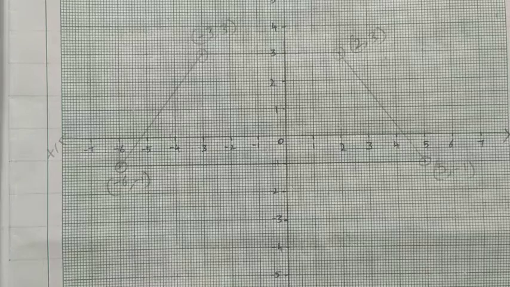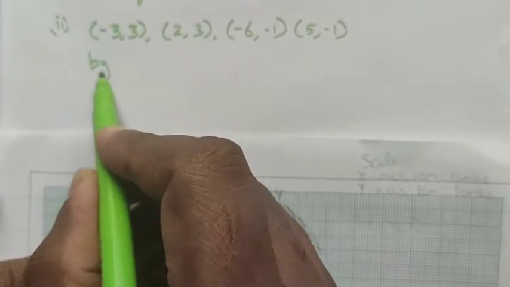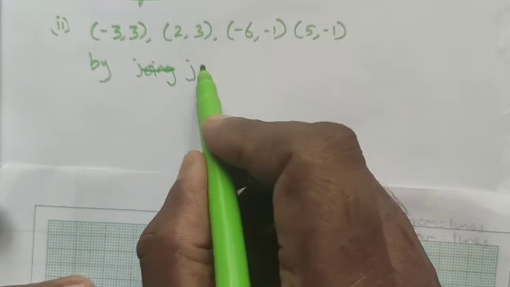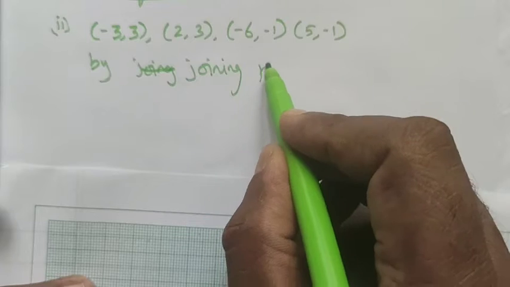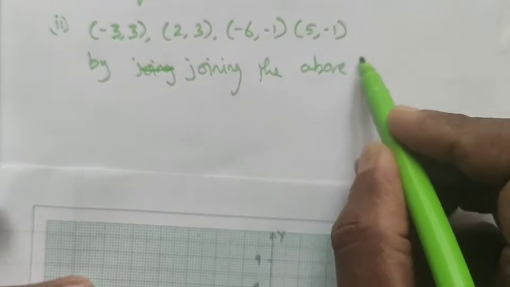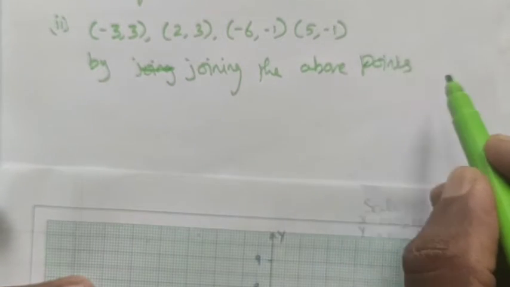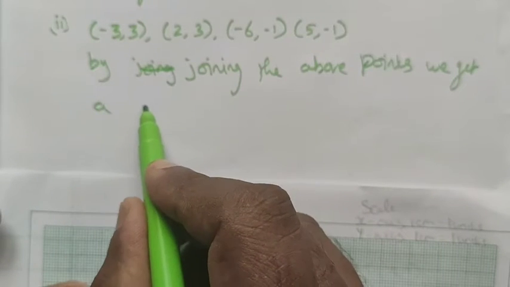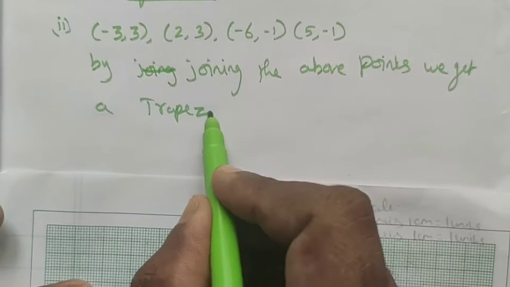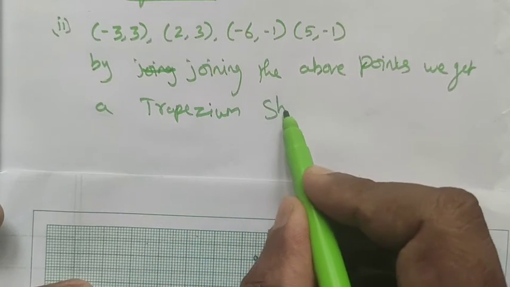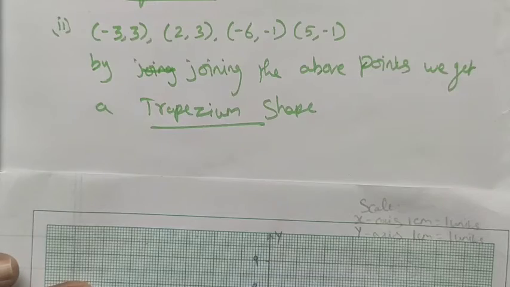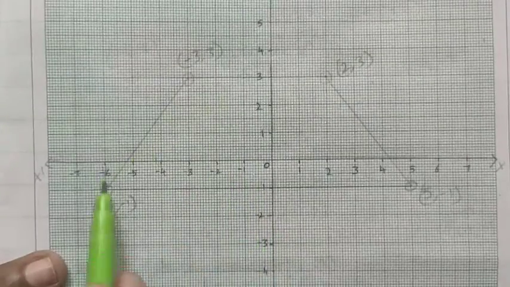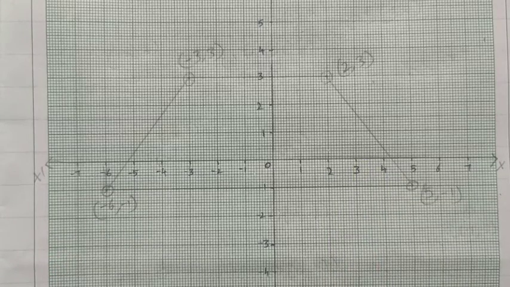By joining the above points, we get a trapezium shape. This is the trapezium shape, right? Thank you, students.